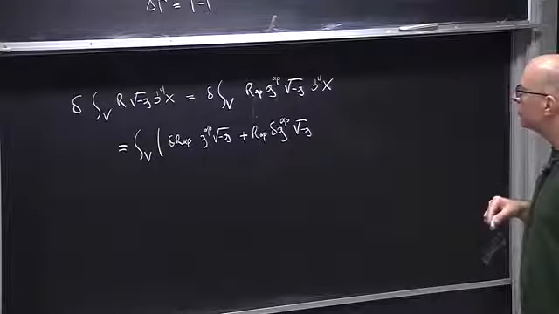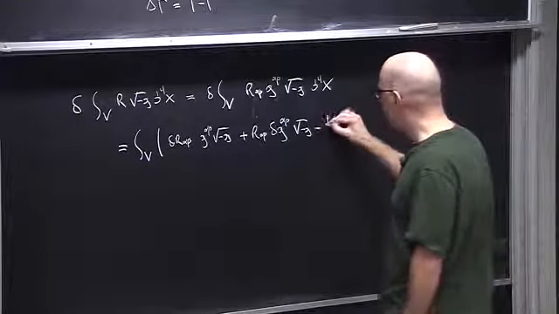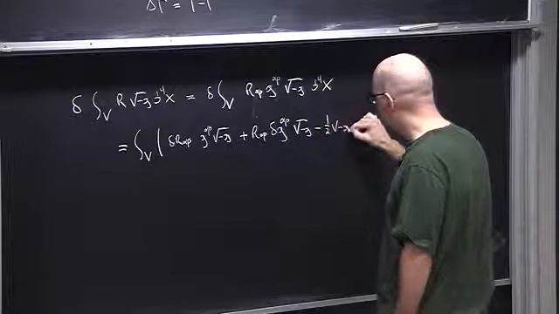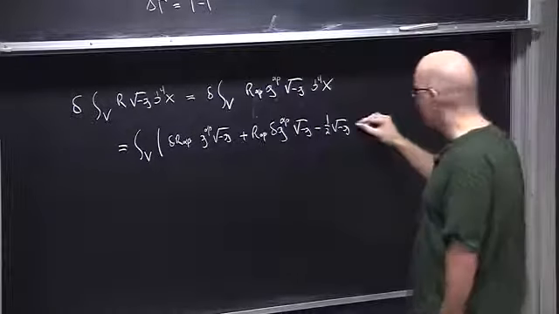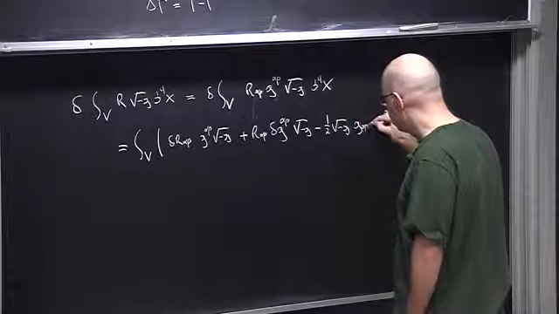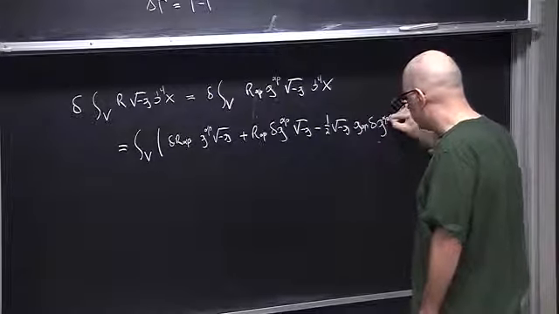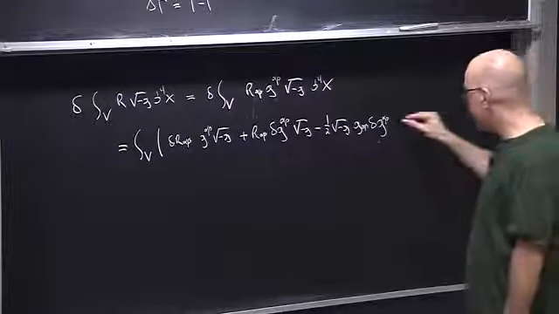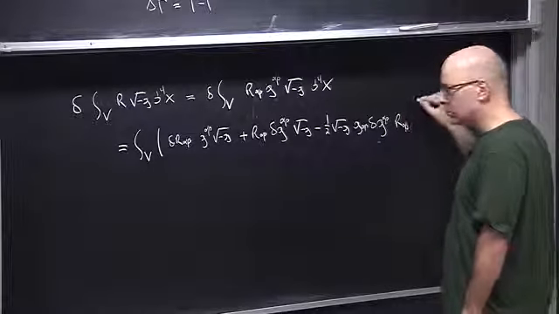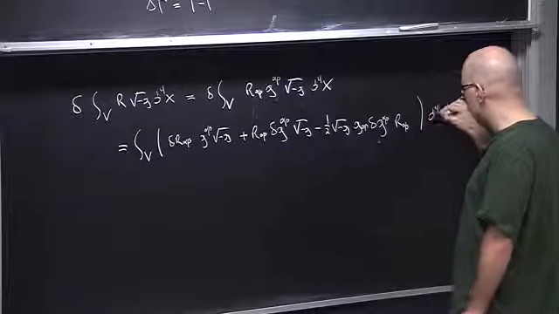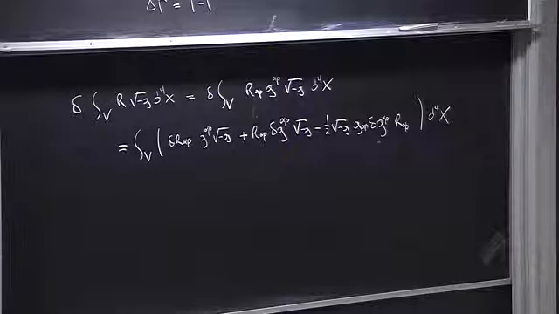I'll just use this expression up here, is just minus a half root G, G alpha beta, variation in G, times the Ricci tensor, which is still coming along for the ride. So that's what we get for the variation of the integral.